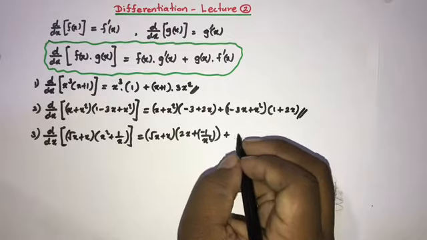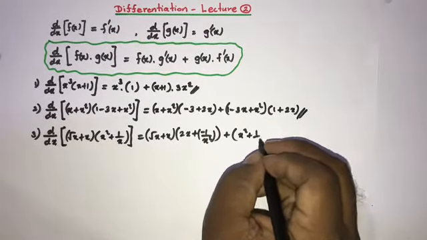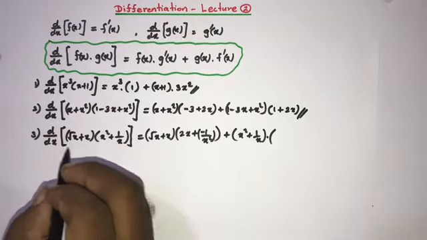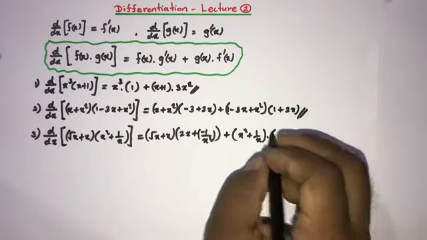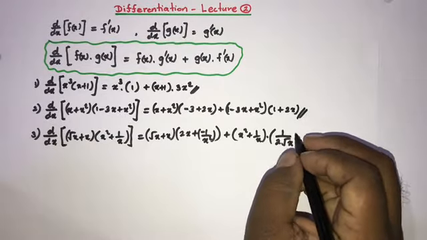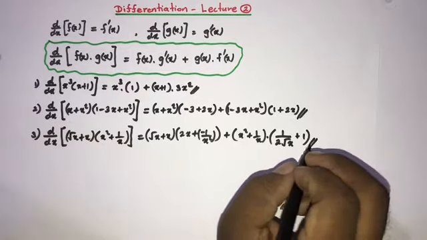Okay, then here plus, then rewrite the second function, so x square plus 1 over x times the derivative of the first function. If we have to differentiate the square root function, we know it is 1 over 2 times square root of x, plus the derivative of x, we know 1. Okay, this is the answer.